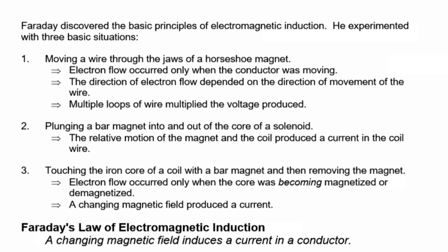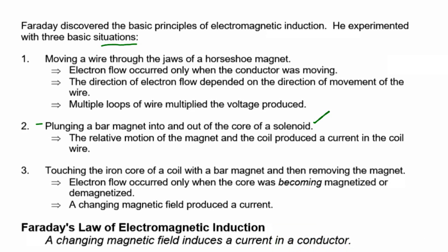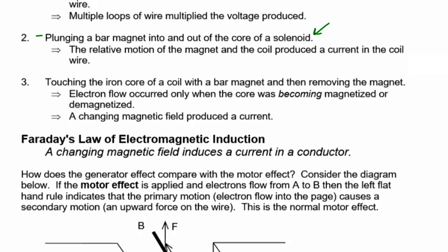He experimented with three basic situations. He moved a wire to the jaws of a horseshoe magnet, so really a changing magnetic field is what he was doing. He plunged a bar magnet in and out of the core of a solenoid. Moving a bar magnet through that coil is a changing magnetic field, creating current.